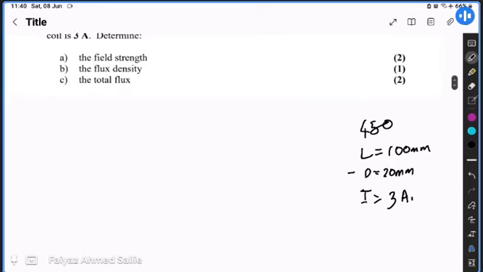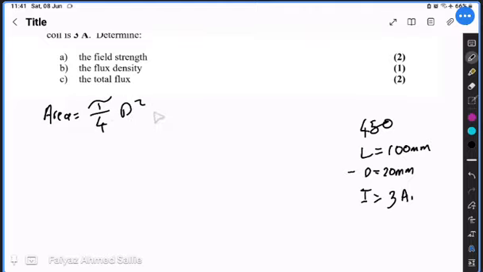So let's start off by calculating the area of this thing. The area is equal to pi over 4 d squared, right?